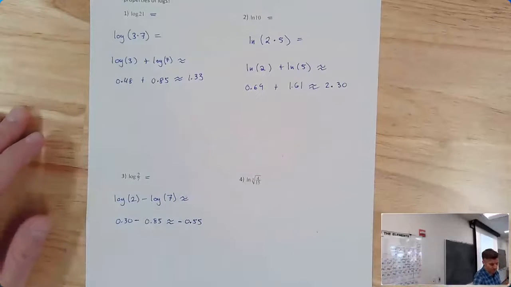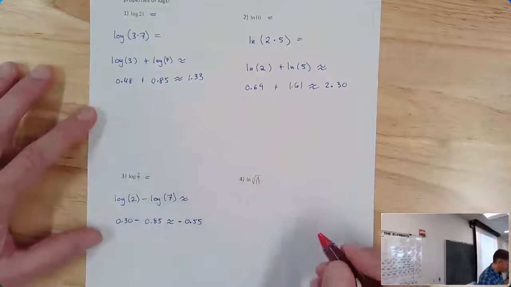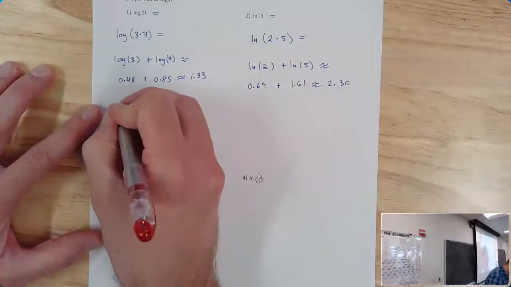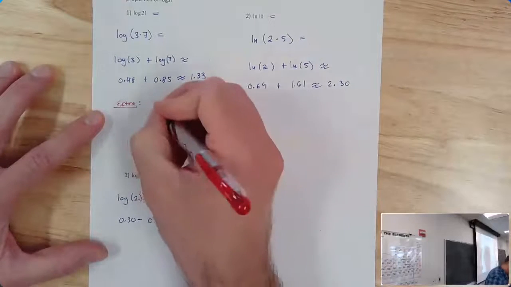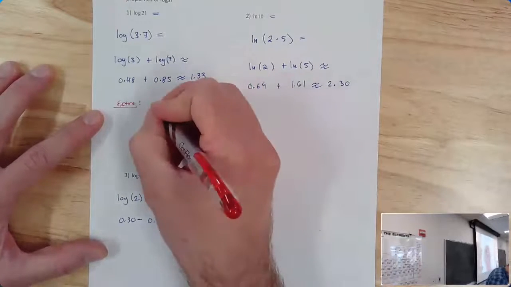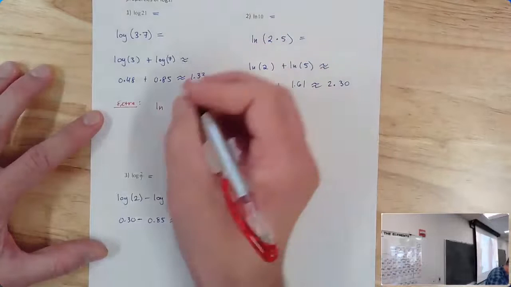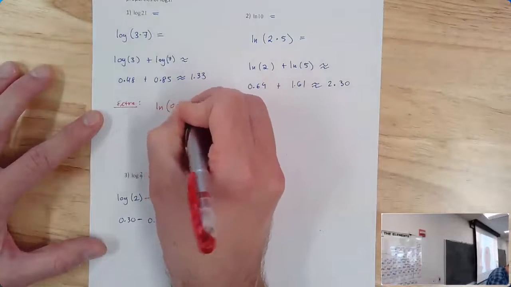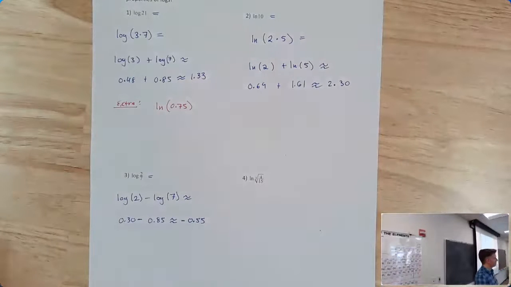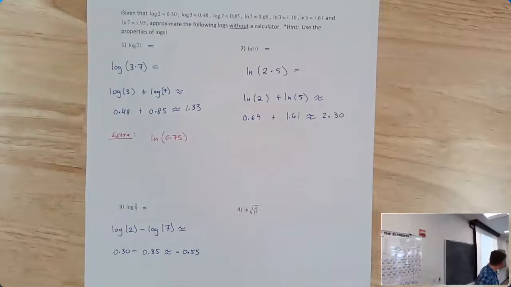Let me throw another example at you though, because I feel like that one's maybe a little too easy. Here's an extra example. Natural log of 0.75. That number is not on my list.